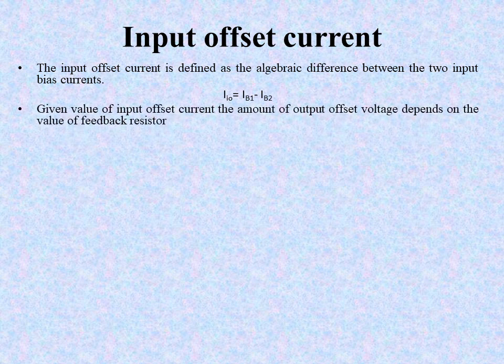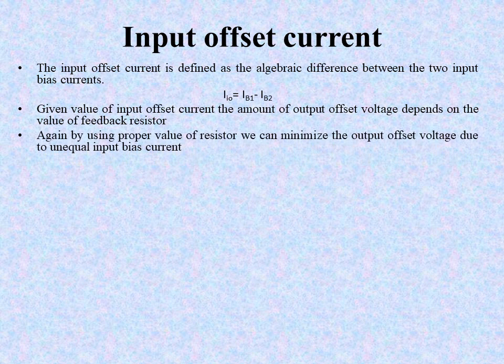So for a given value of input offset current, the amount of output offset voltage depends on the value of the feedback resistor. Again here also, the output offset voltage that arises due to this current depends on the feedback resistor.